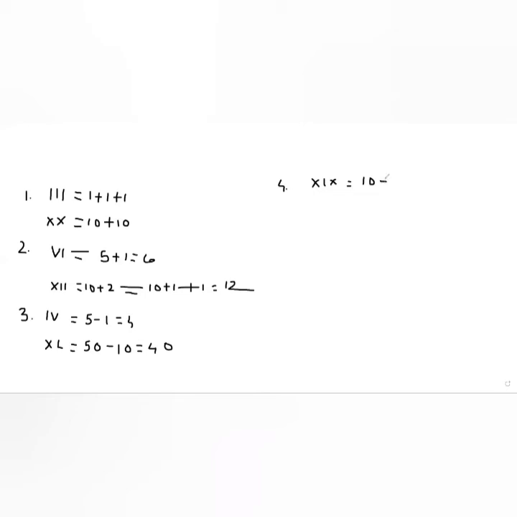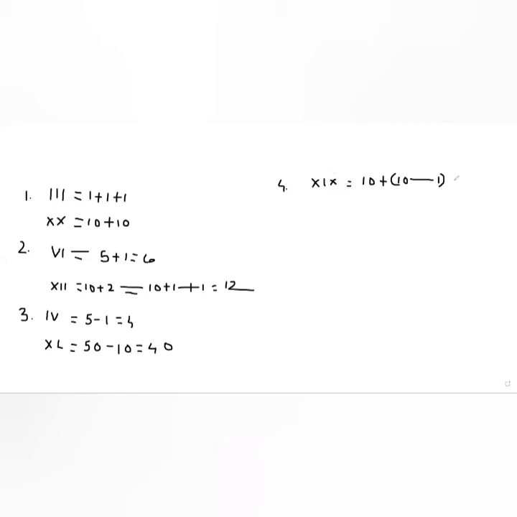Plus, put. Then in the bracket you write 10 minus 1, because in the Roman numeral the smaller number is between two greater numbers. First greater number plus smaller number.